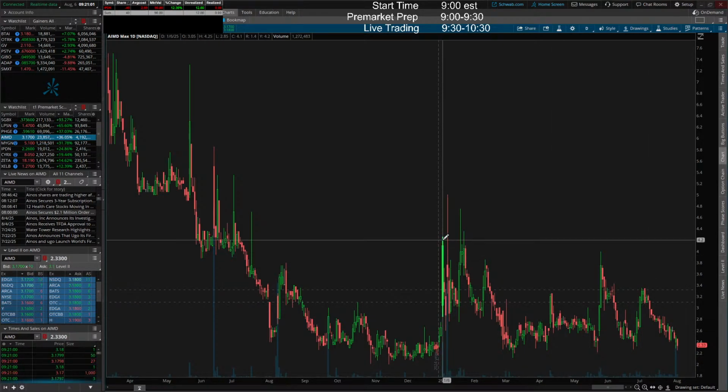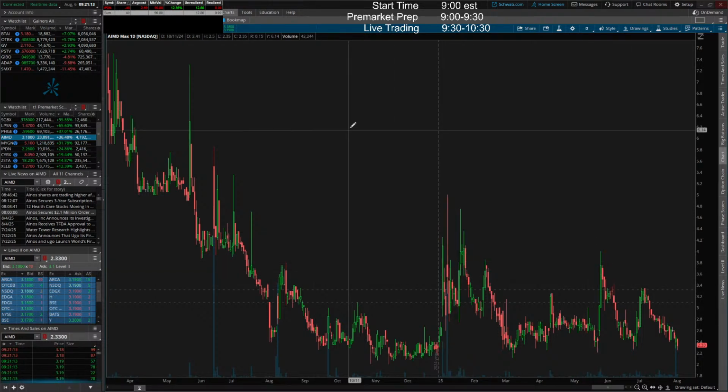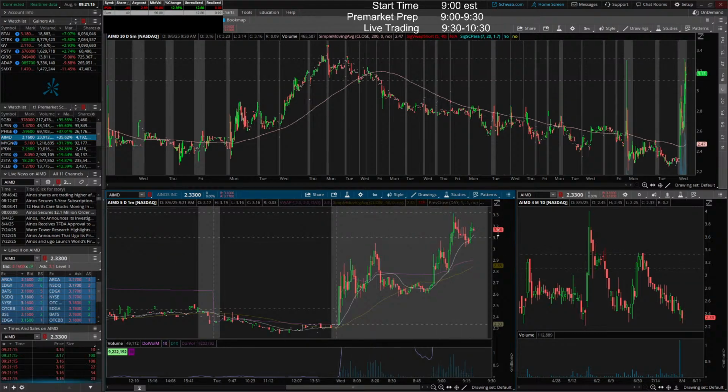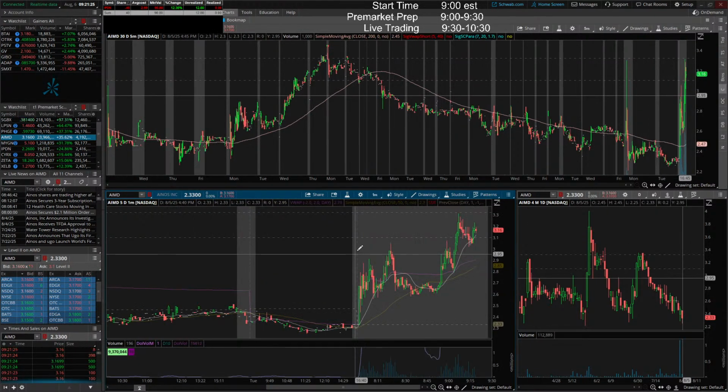It's going to be difficult for this one to get going. There's actually not a ton of volume over here, so that's good. This one does have a chance to run. This one could be a mover.